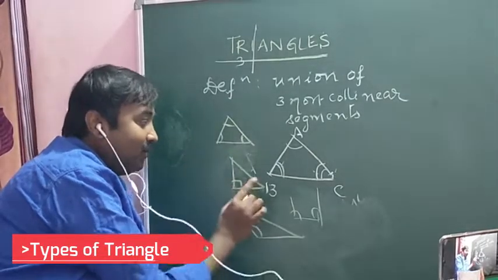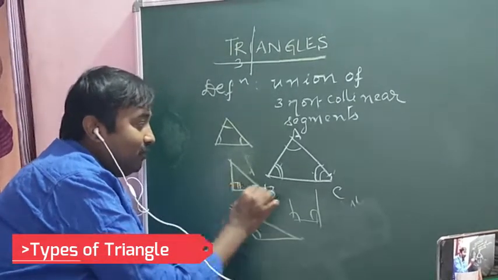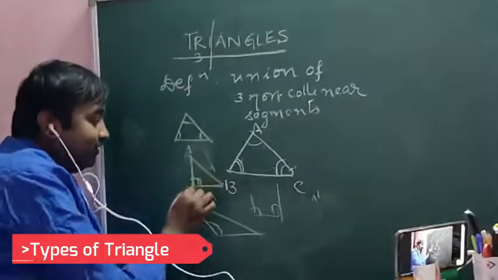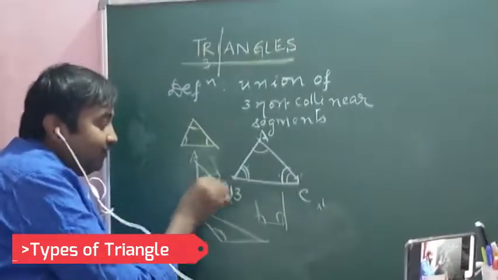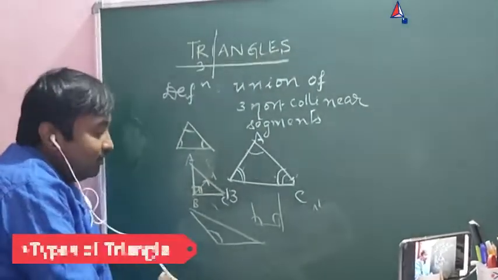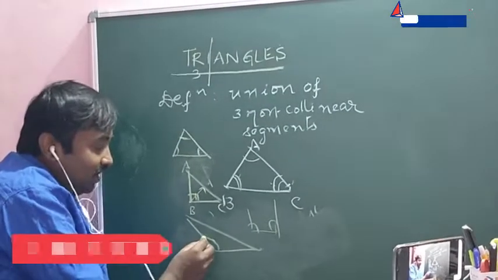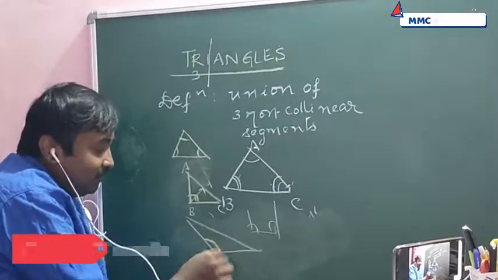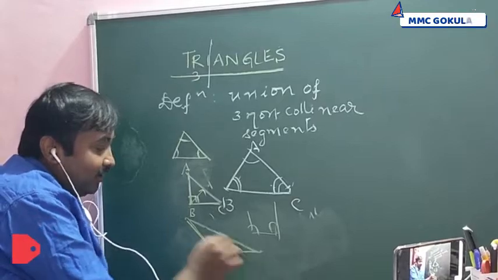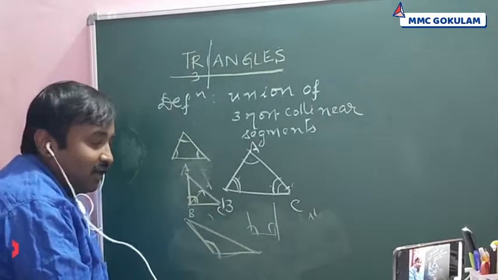If any one angle is a right angle, then only it will be a right angle triangle. Then the side opposite to the right angle vertex is called the hypotenuse. I think you know that. And here also, if one angle is obtuse, then the triangle is said to be an obtuse angle triangle.